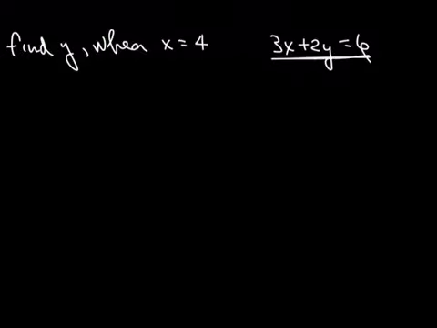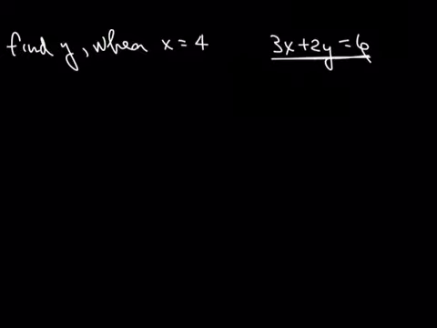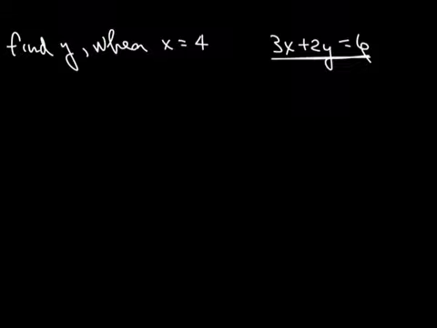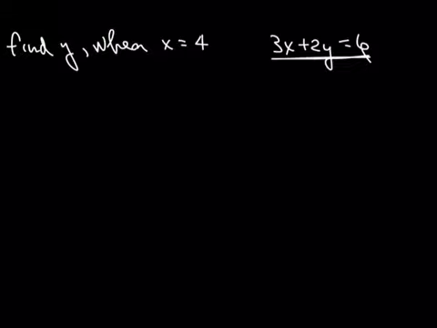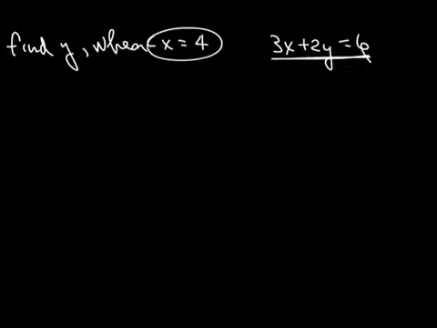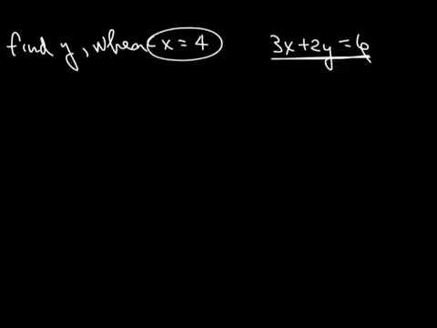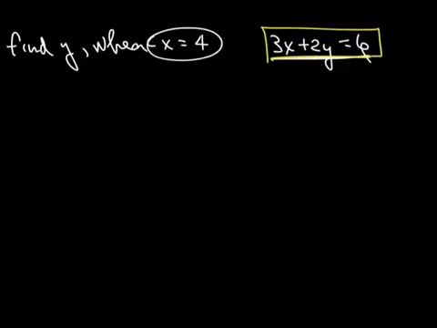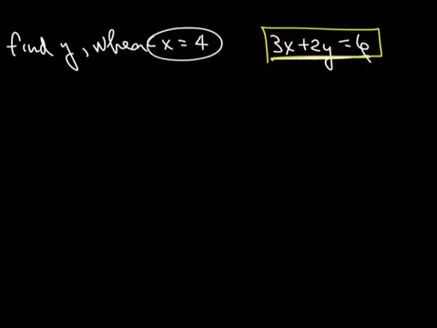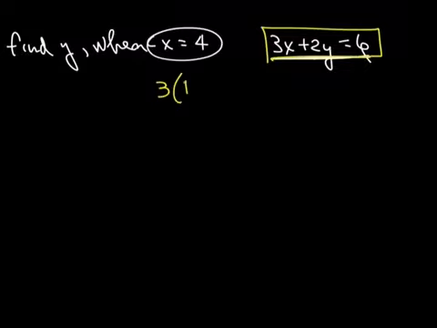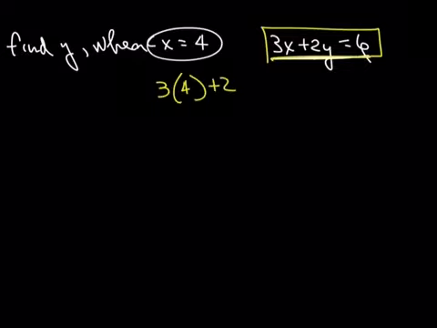If you have one equation with two variables, you cannot solve it unless somewhere they give you one of the numbers for the variable. It's impossible. So if they give you an equation like this, assume that they're giving you other information as well. So what they're saying is if x is 4, we're going to put a 4 in wherever we see x.